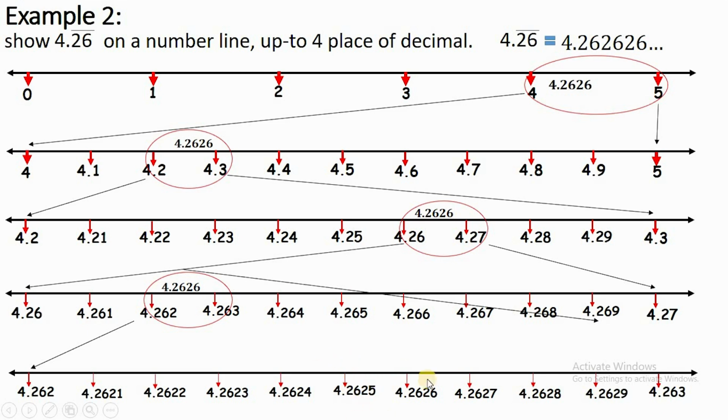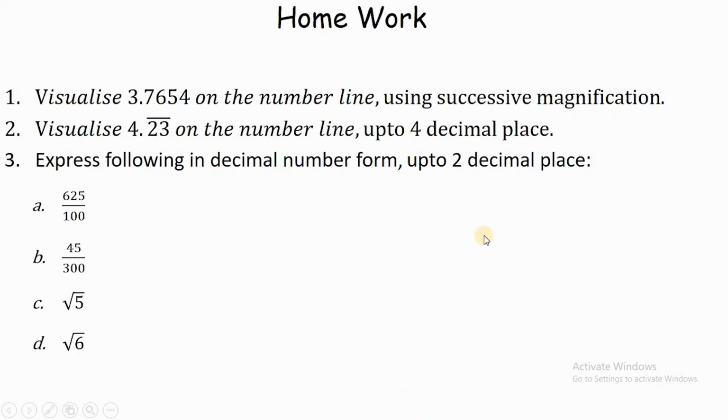So now here we get the required number, that is 4.2626 on the number line. Done. I hope you have understood this, and in the next slide we have some homework for the students.